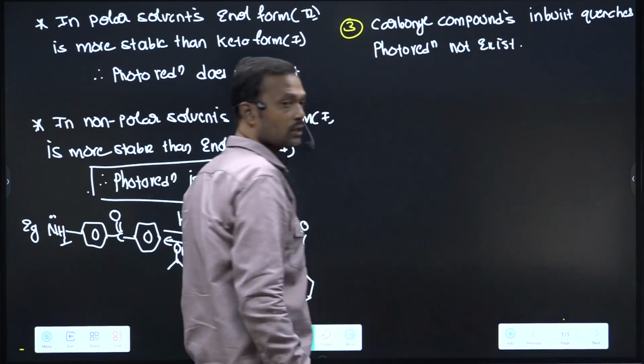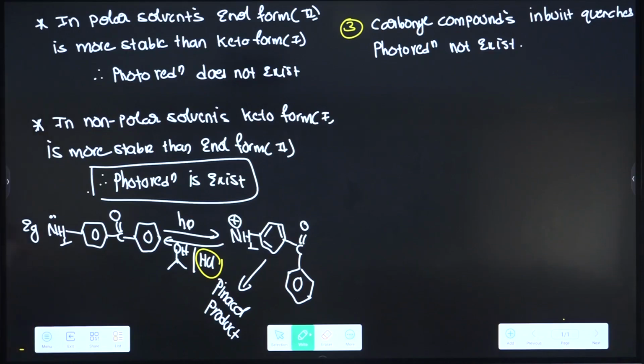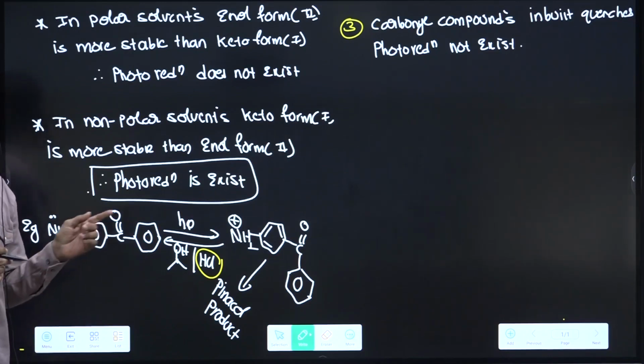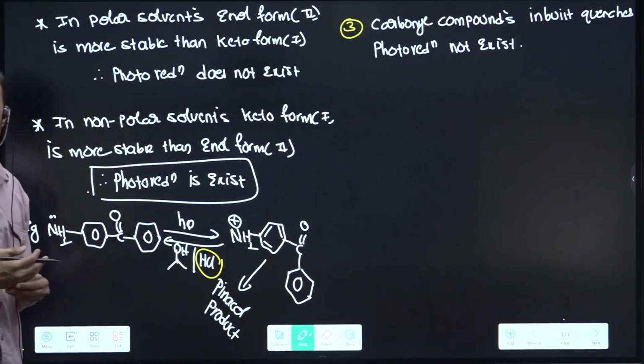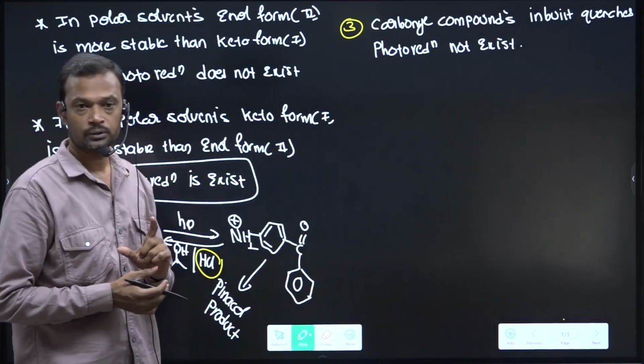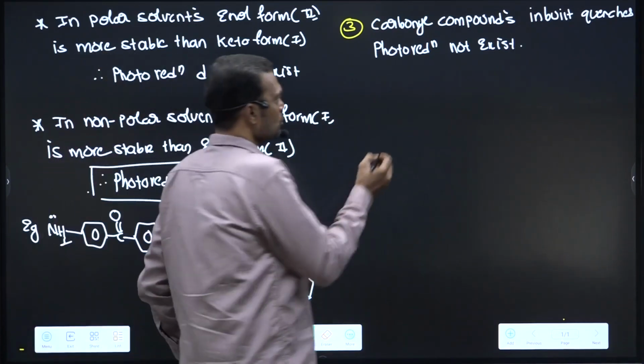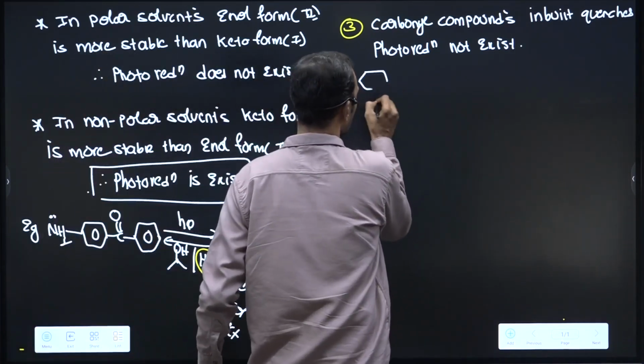Photoreduction is not possible when the carbonyl has an inbuilt quencher. What are quenchers? They deactivate the activated molecule. I already explained what a quencher is, and one more is donor. Donor and quencher. If any carbonyl compound has an inbuilt quencher, photoreduction is not possible for that molecule.